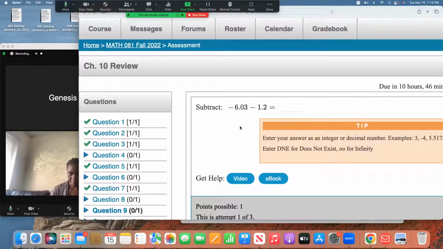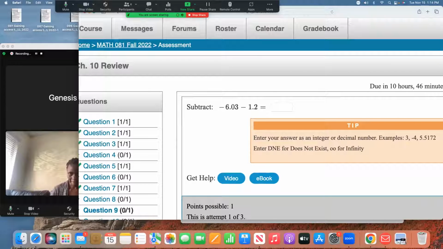Okay, this one here is really the same thing, but it's written slightly differently. We might as well think of this as money if we want to. It's -6.03, -1.2. So it's a negative and another negative, so we're going down and down. So we end up adding them.